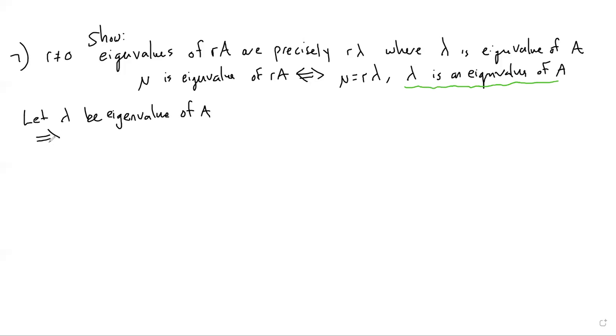So this is by definition the same thing as saying that there is a non-zero x, or a non-trivial x, with Ax equals lambda x. And one thing I know is that I can just multiply both sides of that equation by r.